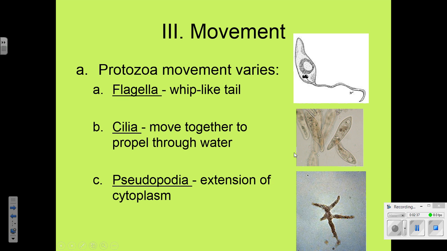It's basically like swimming. And then the last way is pseudopodia, and pseudo in Latin means false, and pod means foot, so it's literally like a false foot. It's where they take some of their cytoplasm, push it out forward, and then inch the rest of themselves to catch up with that. So they slowly inch their way forward.